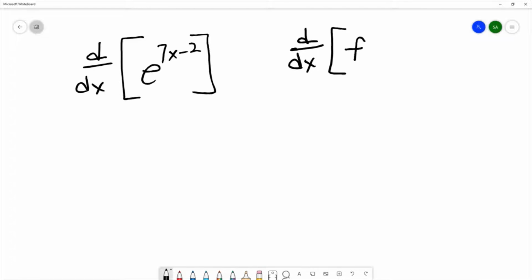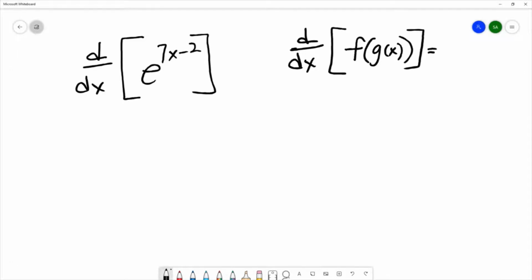So in this way of writing it, we write f of g of x. So we're saying that the function g of x is substituted inside the function f of x.